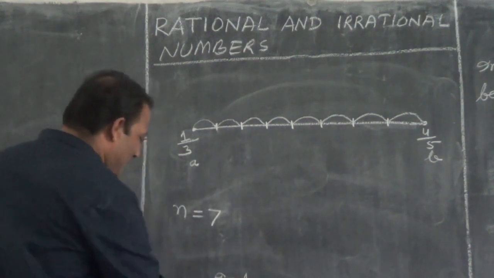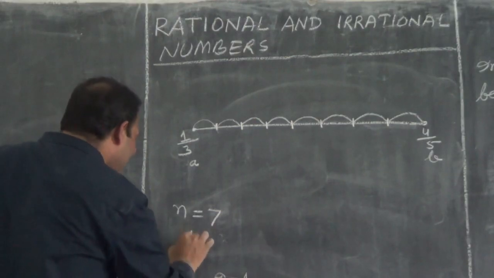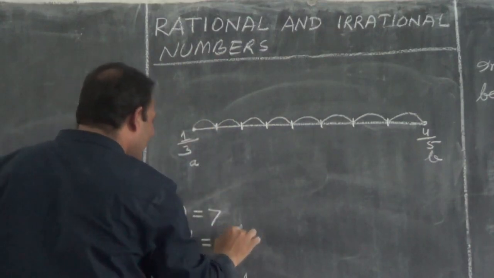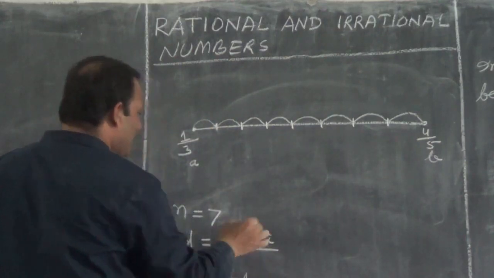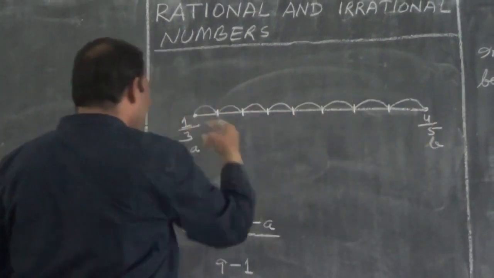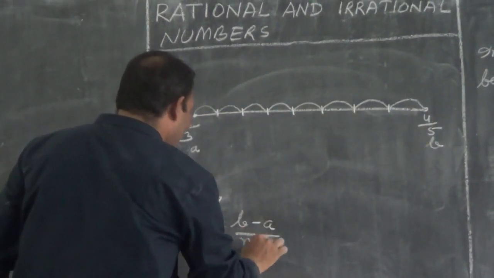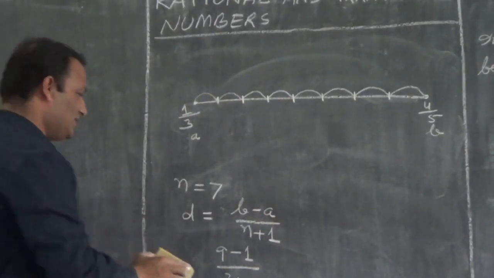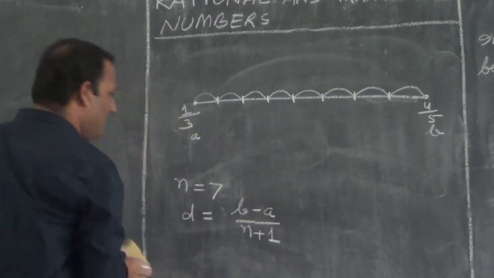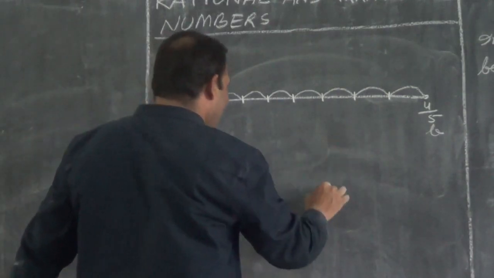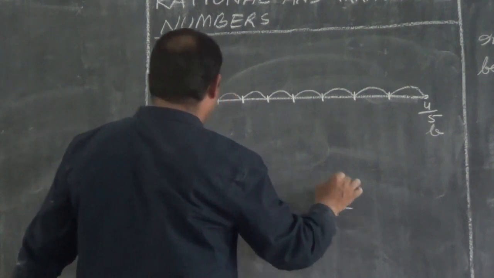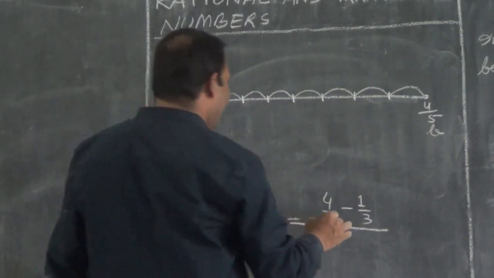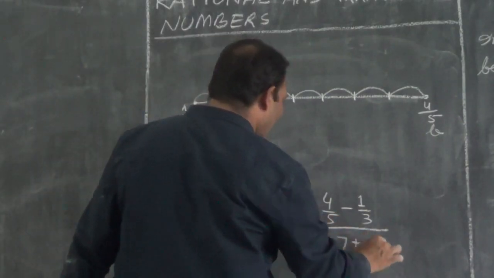So how will I find it by using this formula? This gap difference d equals B minus A, the difference between these two, divided by n plus 1, the number of gaps. Now I put the values: B is 4 by 5 minus A is 1 by 3, divided by 7 plus 1.